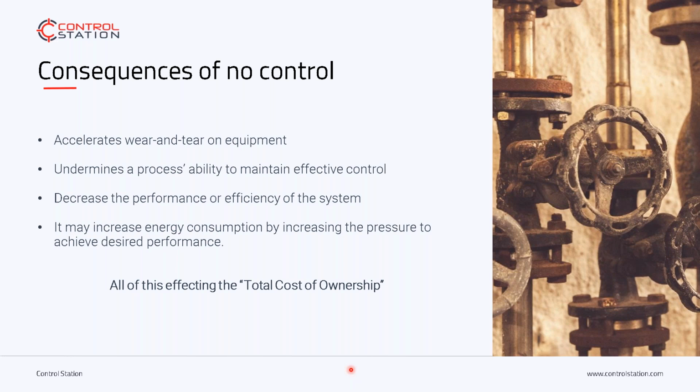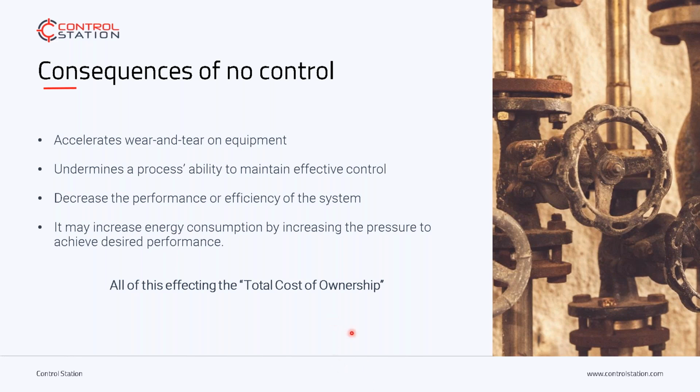But if your control valve cannot execute what it's told to do, then all the money and time you've spent developing these advanced control algorithms are all for naught. And the way this lack of control manifests itself is it accelerates the wear and tear on your control valve.